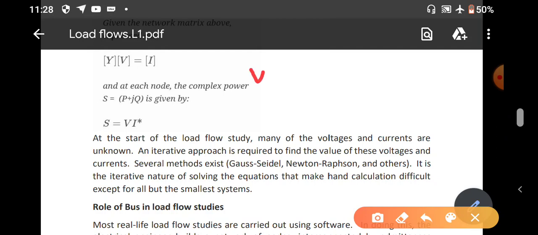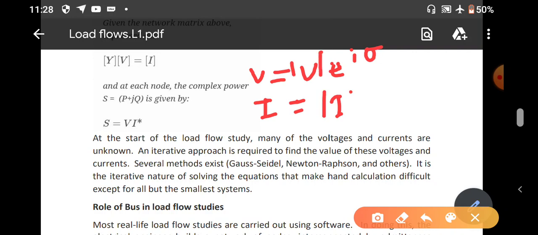Suppose V is equal to |V| e to the power j theta and I equal to |I| e to the power j phi that you are taking here.